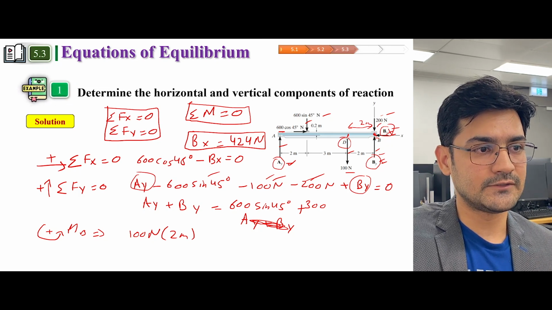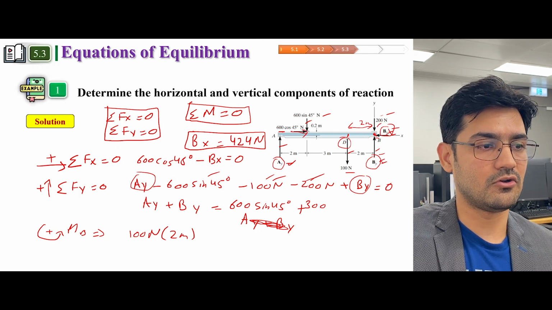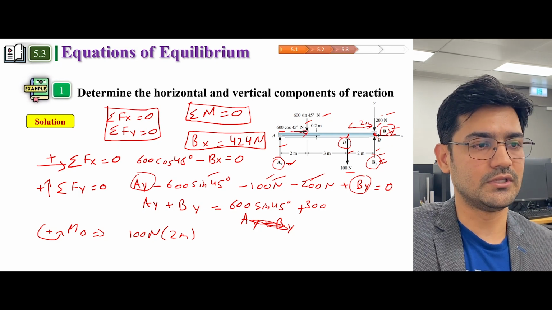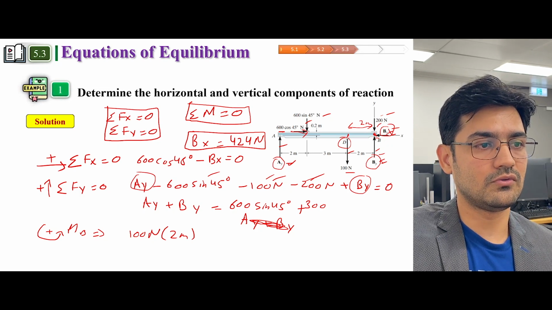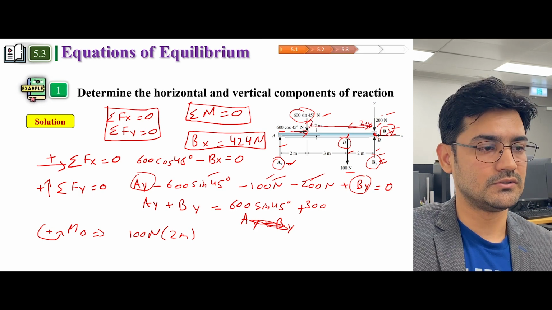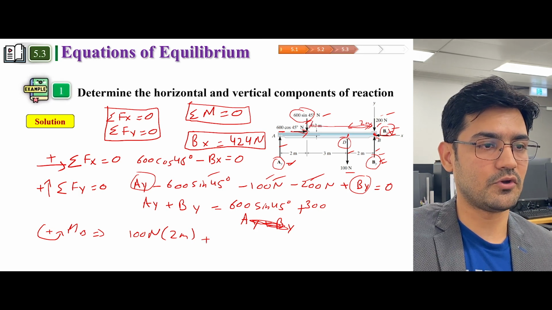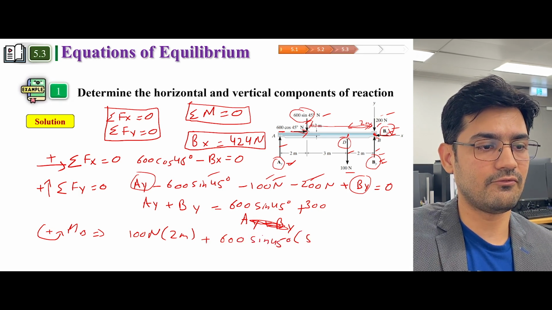Similarly, this force distance is also 0. So we're gonna not include this, or even if you want to include this, you just have to multiply by 0 and then it's gonna be 0. So this force distance is 5 meter. And this is also anti-clockwise, so positive 600 sine of 45 degree into 5.